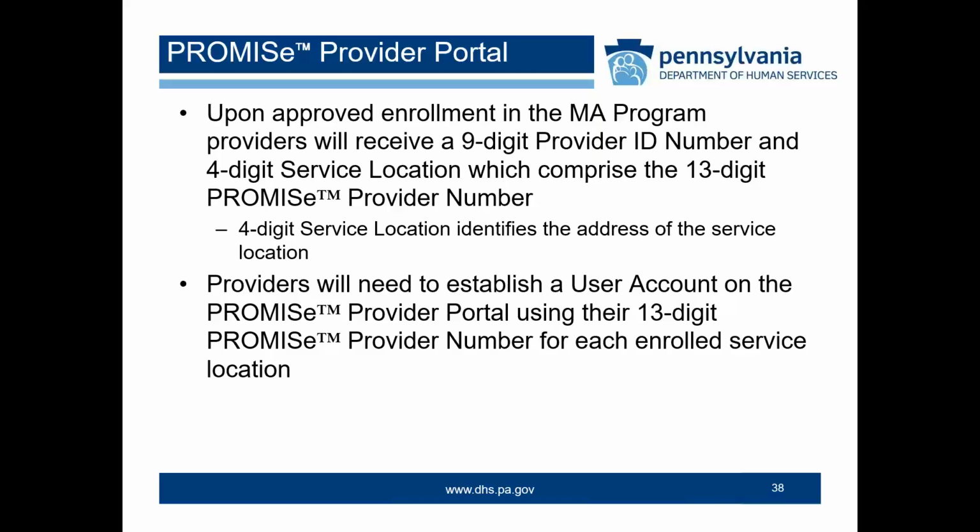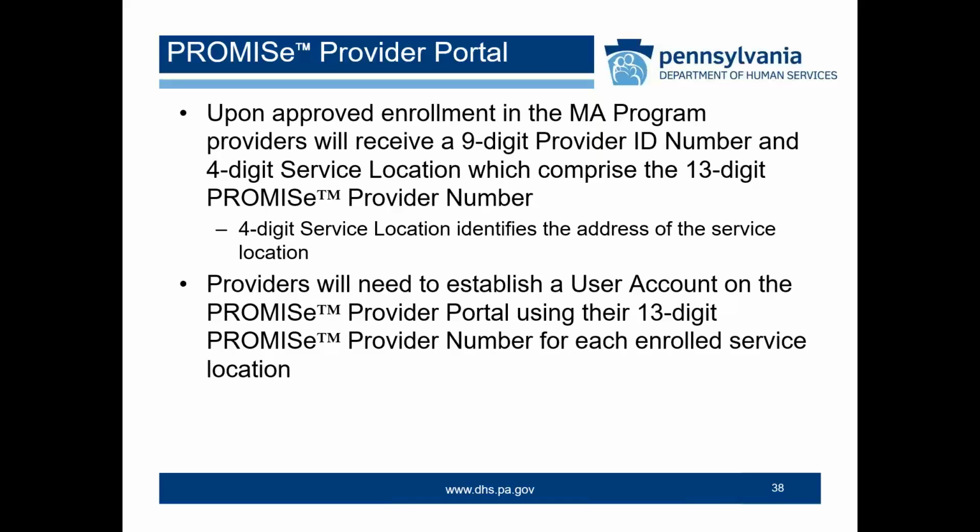Upon approved enrollment in the MA program, providers will receive a 9-digit provider ID number that identifies the provider. We call it a master provider index number, as well as a 4-digit service location, which comprises the full 13-digit PROMISe provider number.